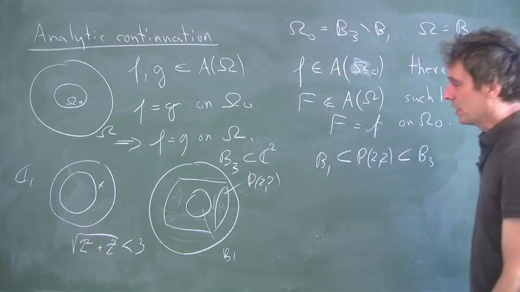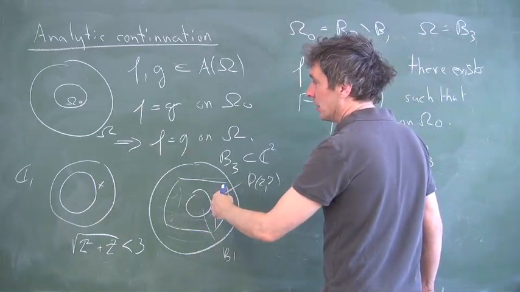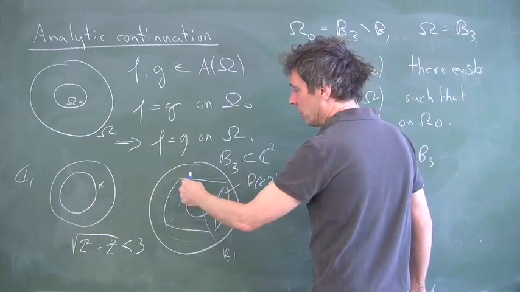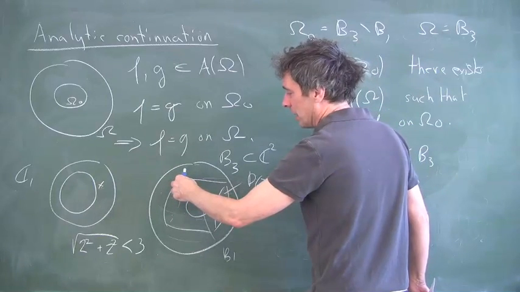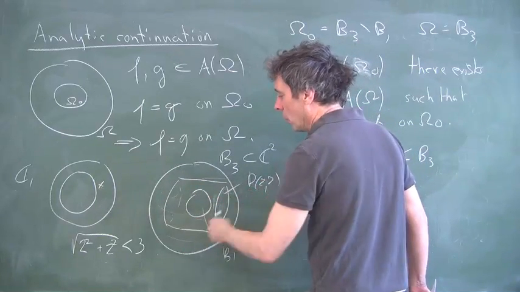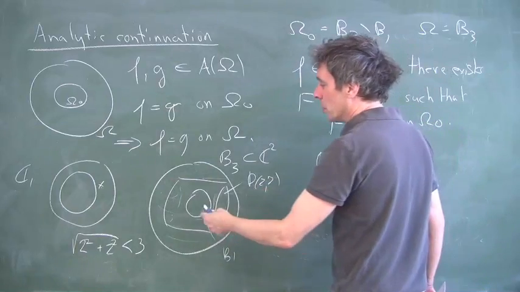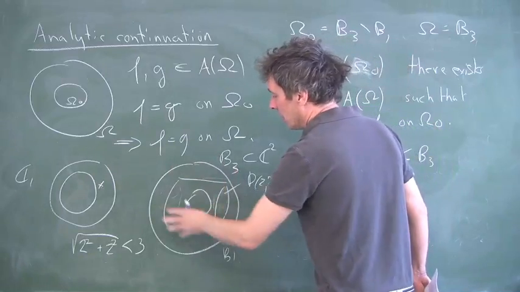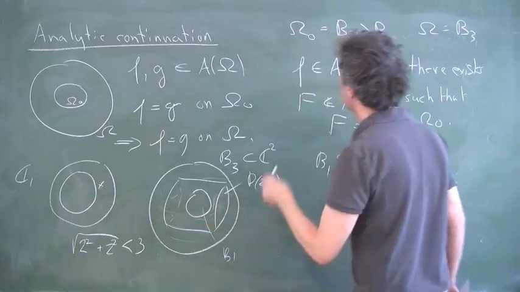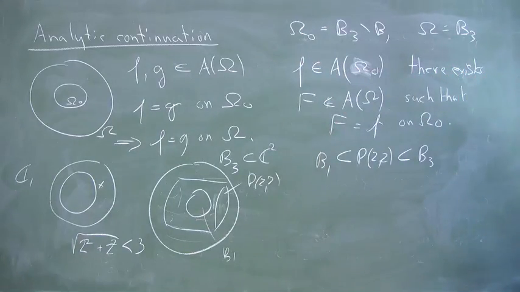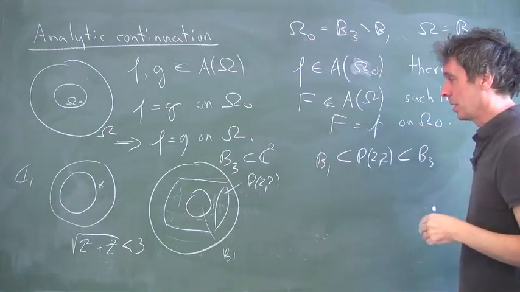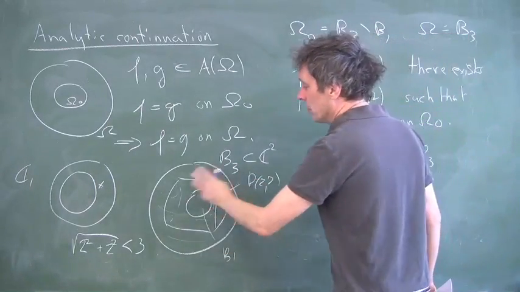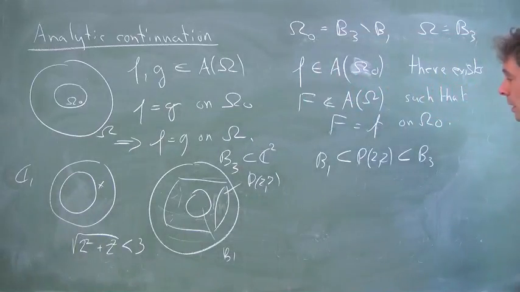So the point is now that we can use the Cauchy integral formula, actually the one variable version, to define a function which is analytic in the whole polydisk and which will agree with the given function on an open subset of this omega naught here now. And then this integral formula will give you the unique extension to the whole set omega.